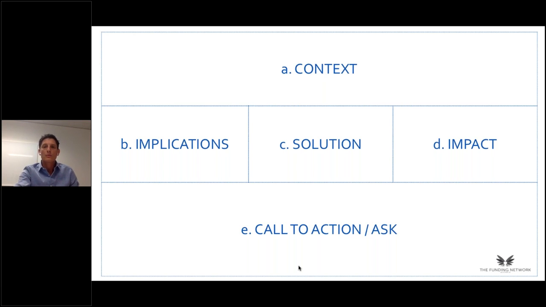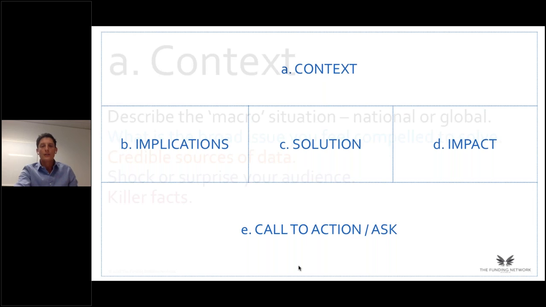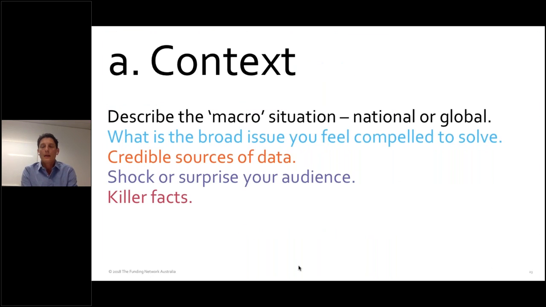So context, what do we mean by context? This is the part of the pitch in which you would describe the overall situation, what's going on at a global or a national or a very broad level that can bring to life what the overall problem is.